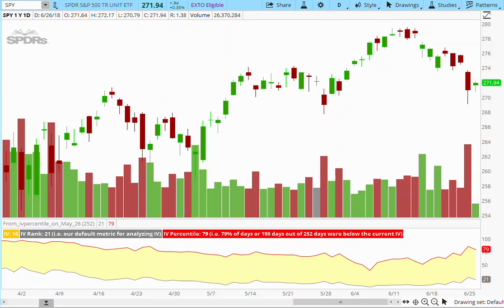So let's say we're selling a $5 wide bull put credit spread. We want at least 50 cents, because that 50 cents divided by the capital required of $4.50 a share gives us an 11.1% return on capital.